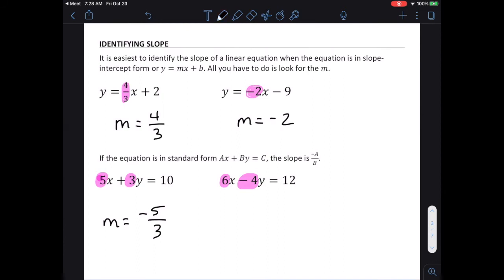So what we're going to have is a slope that is the opposite of 6 divided by -4. And since both of these are negative, it becomes positive. And then since both of these are even, we can divide them both by 2, so it becomes positive 3 over 2. So our slope in this case is 3 over 2.